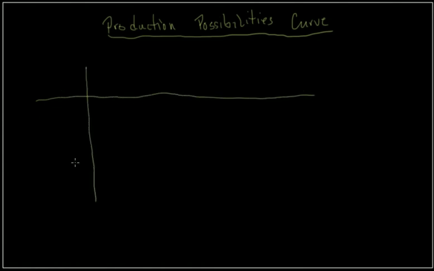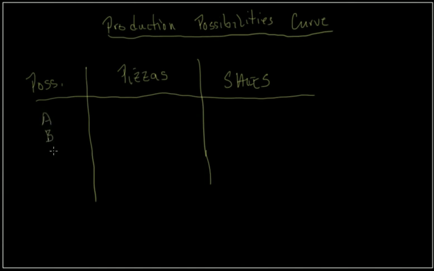It'll give us a list of possibilities. This is our quantity of pizzas and our quantity of shoes, remember from our example. So if we recall, we had 6 options: 0 pizzas, 1 pizza, 2 pizzas, 3, 4, and 5.